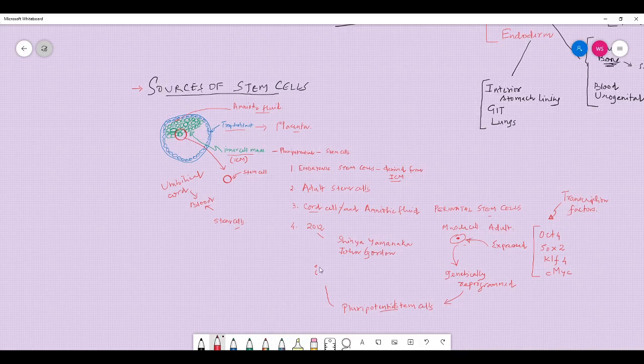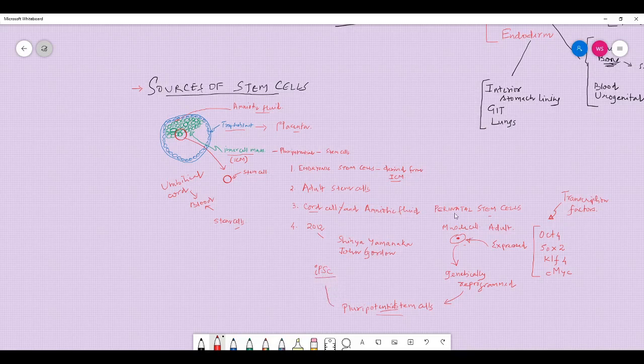So that is a source of stem cells. You can take an adult cell, do a bit of genetic reprogramming, and end up with a pluripotential stem cell, which we call induced pluripotential stem cells.